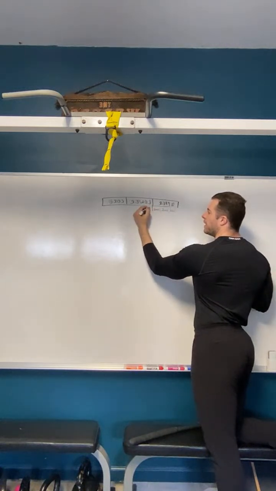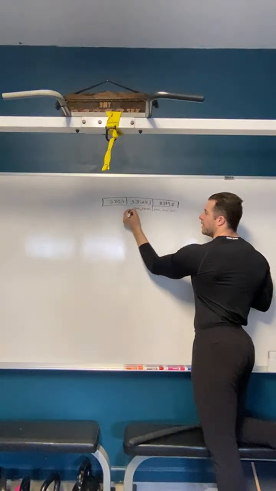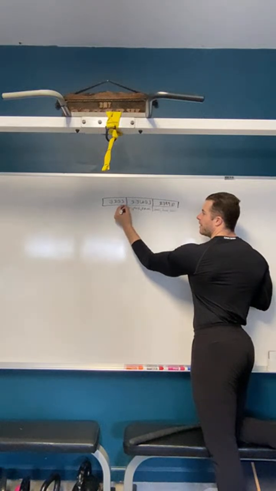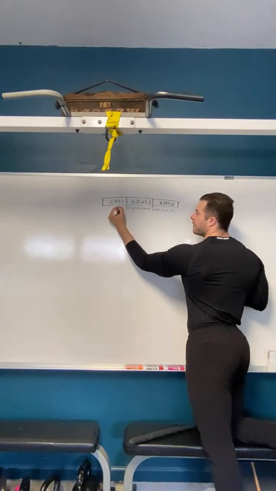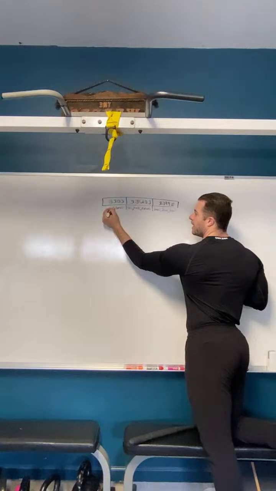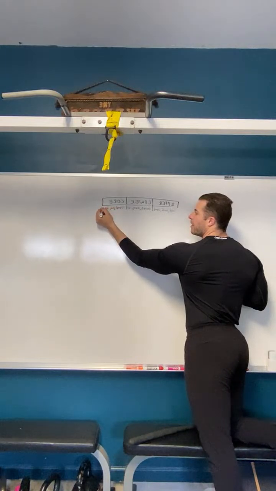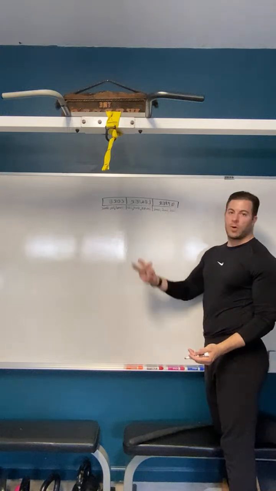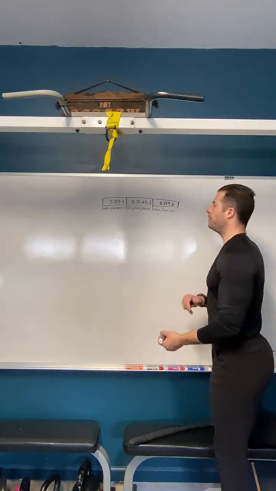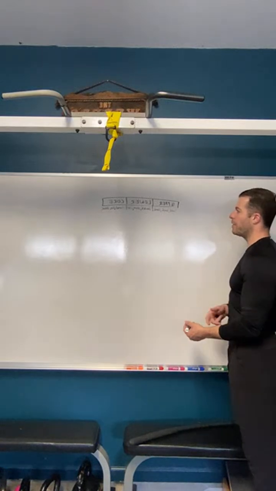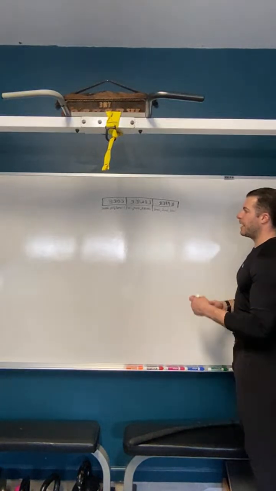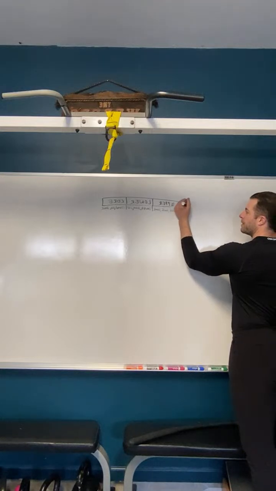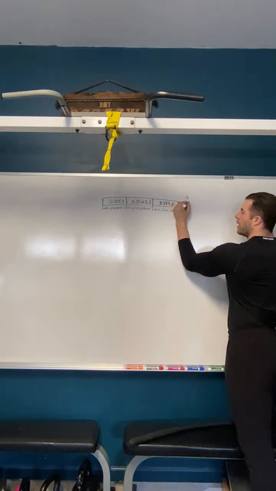Lower can be quad, hamstring, and calf. And then the core is going to be front, side, and back. So each upper, lower, and core category would be our main categories of exercises. So we'll put this in category 1, okay?